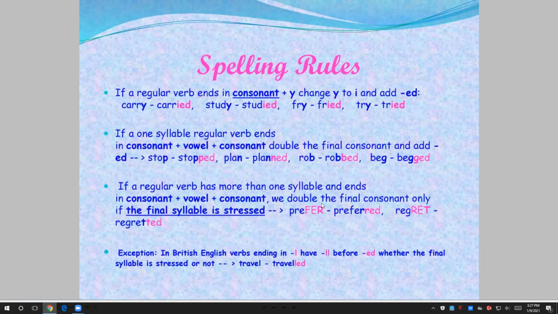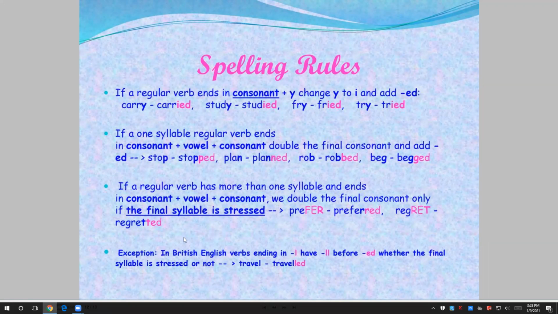If the stress is not on the second syllable, if it is on the first syllable, like in the verb listen, we don't have stress on the second syllable, we have stress on the first syllable. So in this case, we'll not double the last consonant sound.